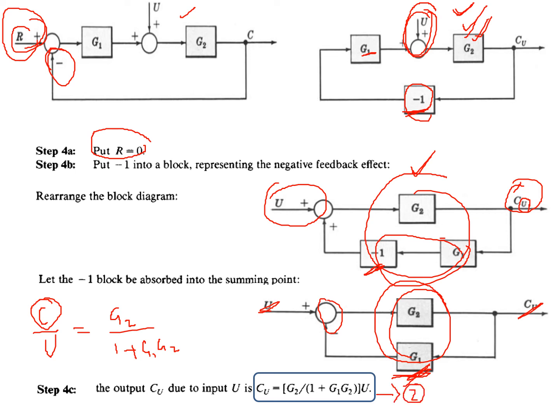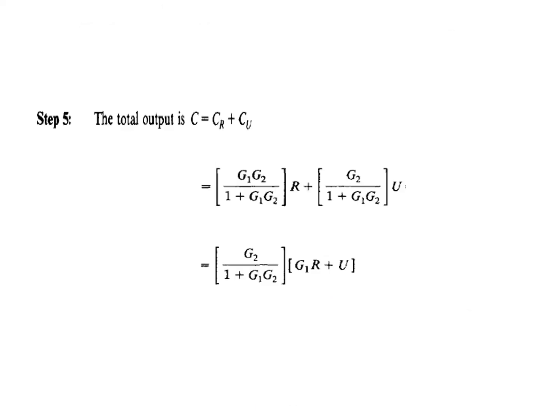Okay, we obtained the output due to the input R, as well as the output due to the input U. Then the total output is the summation of the output due to the input R and the output due to the input U. Then we add these two, and finally the total output C(t) is equal to this one.